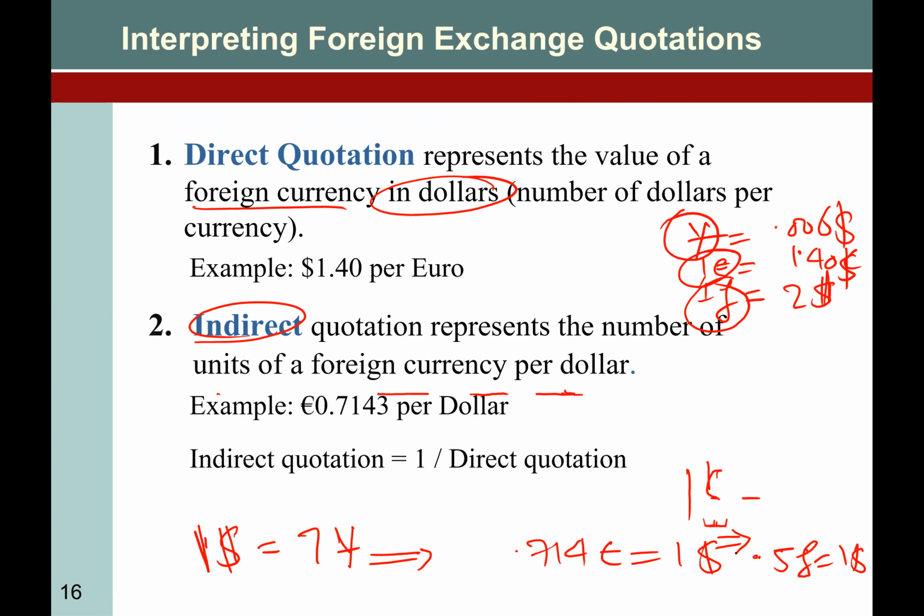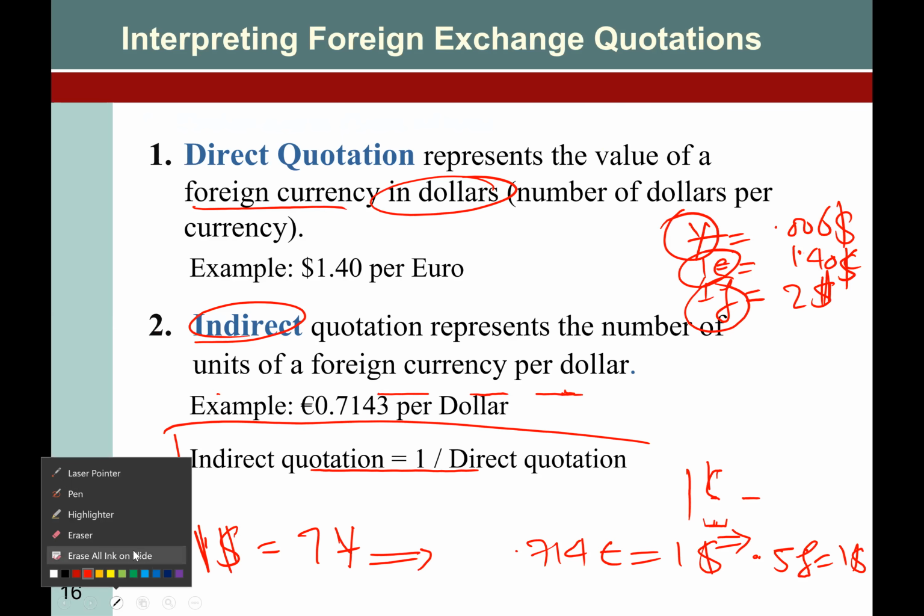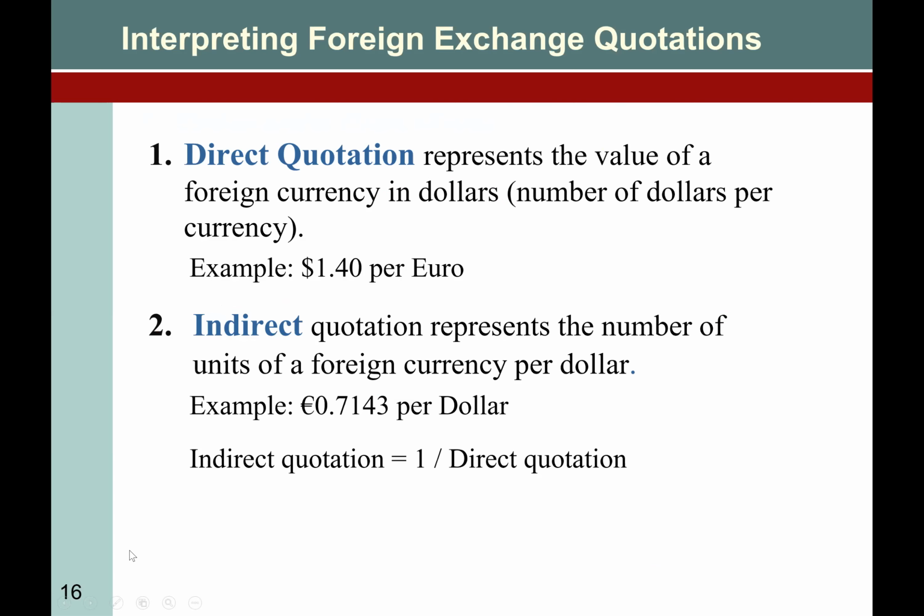So you notice one thing, that there is a relationship between direct and indirect, and that is, let me remove the mess here. The indirect quotation is equal to 1 by the direct quotation.